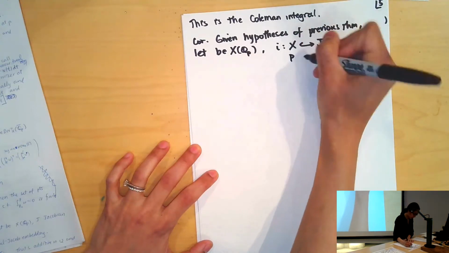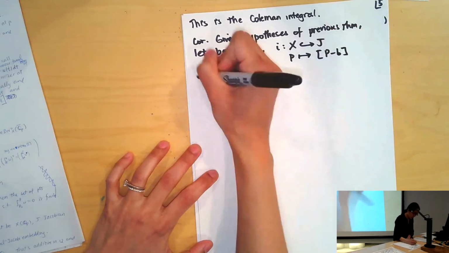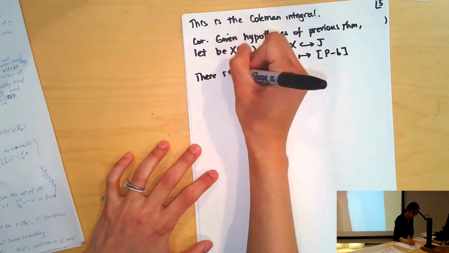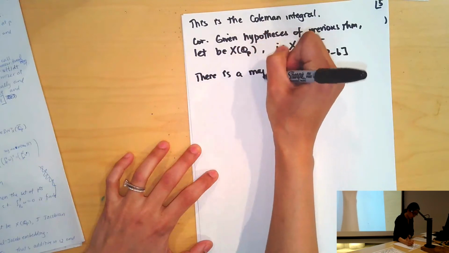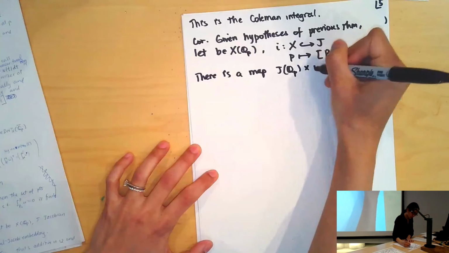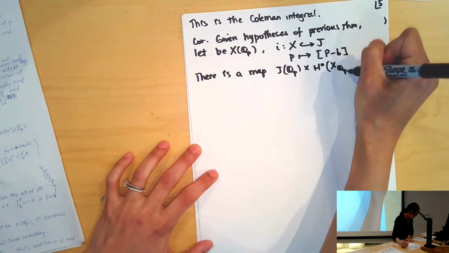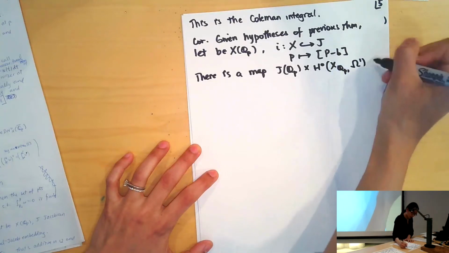So I'm going to send a point P to the class of this divisor, P minus B, and we have this map from Q_p points on the Jacobian paired with regular one forms on the curve.